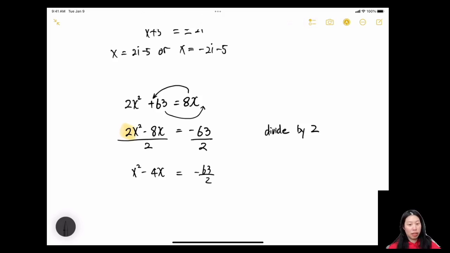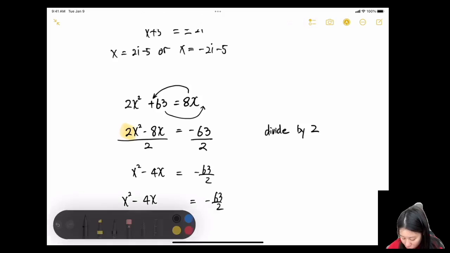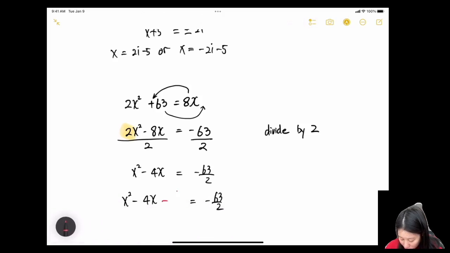And then what's next? You just need to add half of negative 4. So I have x squared minus 4x. You want to add, remember, you need to add it on both sides. Don't forget the negative sign.